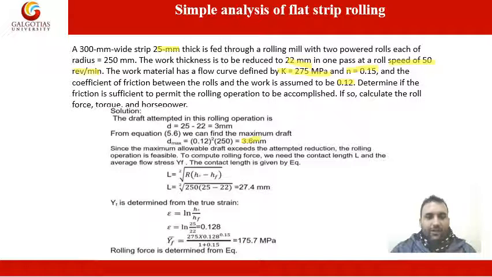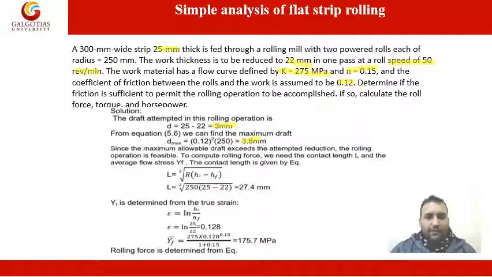Since the maximum allowable draft exceeds the attempted reduction, the rolling operation is feasible. As this value is greater than the initial draft, the rolling operation will be feasible.